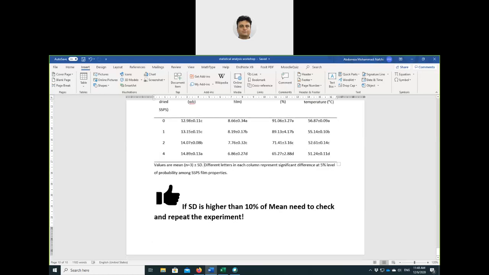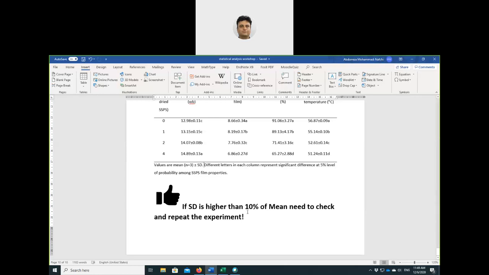I just give you one rule of thumb: mostly the journals, or your supervisors, or the experts care about this in the practical fields, not in the humanities or social science, or maybe even this is not valid in sensory analysis.